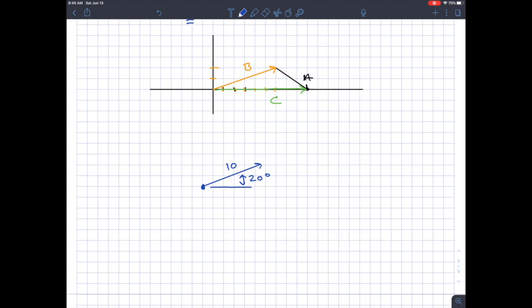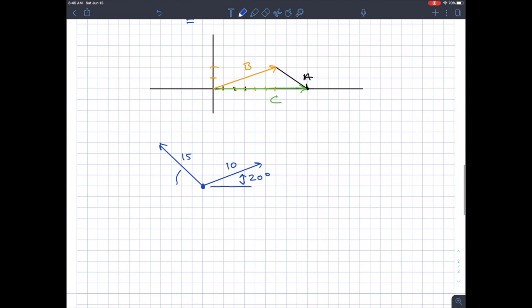Okay, I'm going to add another force. I'm going to make that a bigger force. It's going to be a magnitude of 15. This angle between horizontal, but it's pointing back the negative direction, so that's okay. We can figure out the trig on that. Okay, 15.